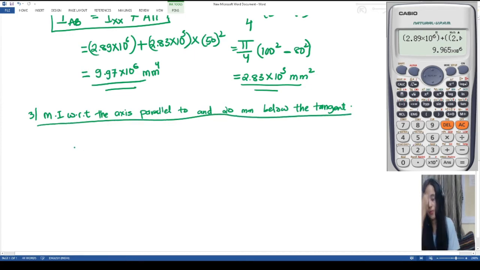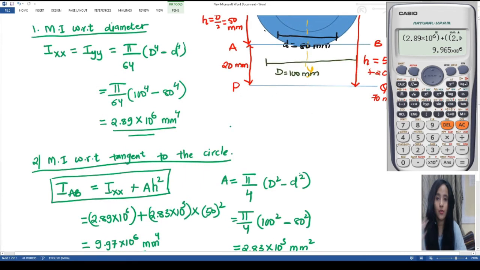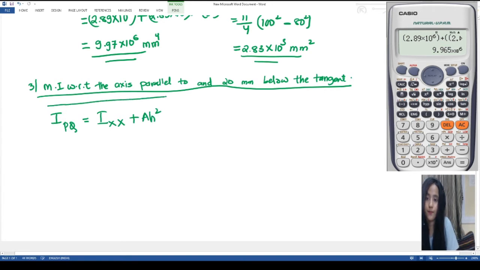Since we have named this tangent as PQ, we need to find moment of inertia about PQ, which will be equal to, PQ is also running parallel with x axis, so it will be Ixx plus AH square. This will be the formula.